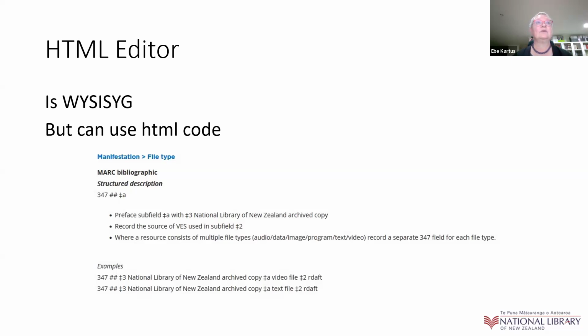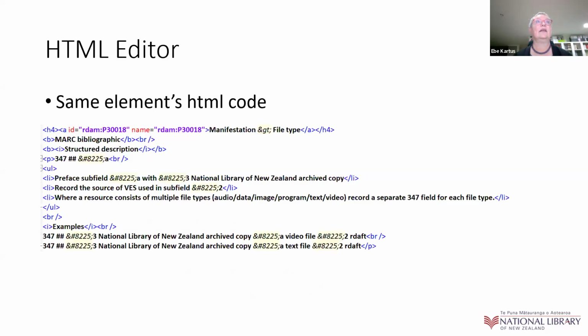So that could have been done WYSIWYG. I have done a lot of this work in Notepad++. That's the editor I tend to use, and that's exactly the same snippet, but in HTML code. There are a couple of little things you need to bear in mind when you're using the code, but I'm happy to answer that at a later date.